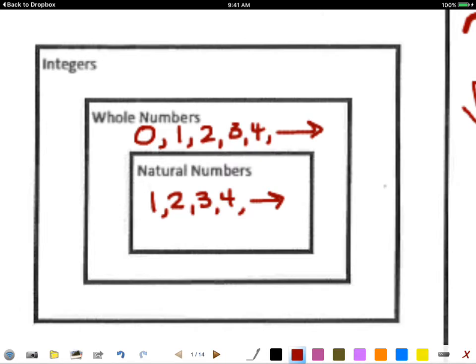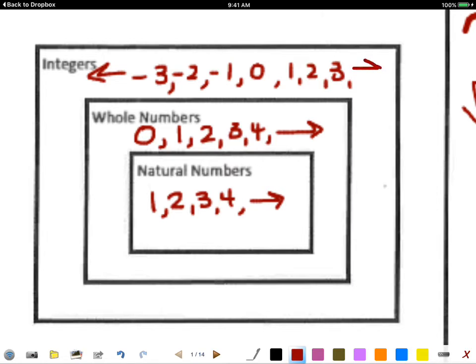Our integers are going to be all the natural numbers, then the whole numbers, which includes 0, and it's going to bring into being another set of numbers. Any idea what those numbers might be? Negative numbers, yes. So we might have -3, -2, -1, 0, 1, 2, 3, and so on. Okay? Those are integers.